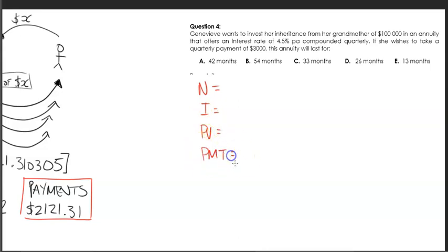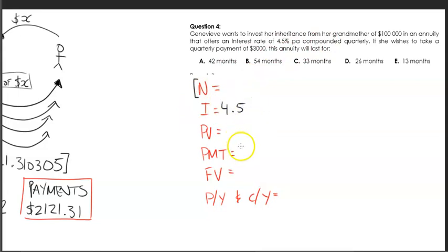Now we're going to be careful with our PY and our CY. They will be the same amounts, but what these amounts will be is dependent on the context of the question. So what we don't know is our end value, how long this is going to last for. This is what we're trying to figure out. The percent that the bank is going to offer is 4.5.